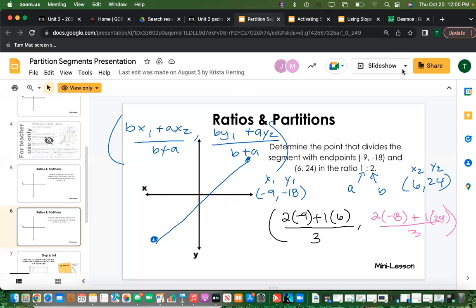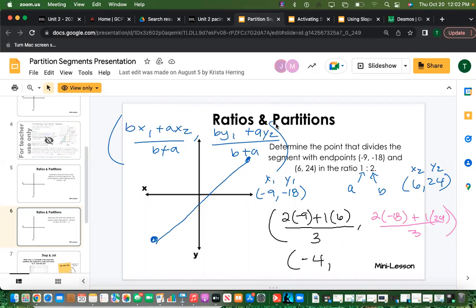Ratio is always A, B. So this is going to give us, you said what? -4? Okay, so let's check in. We get -18 plus 6, which is going to give us -12. -12 divided by 3 is going to give me -4.